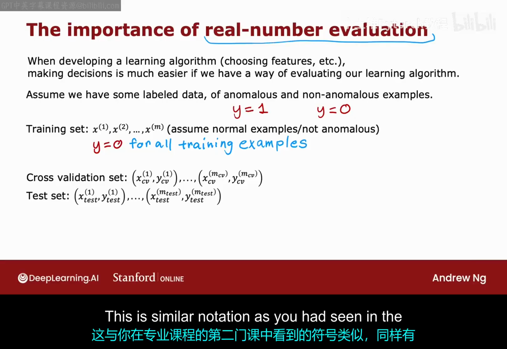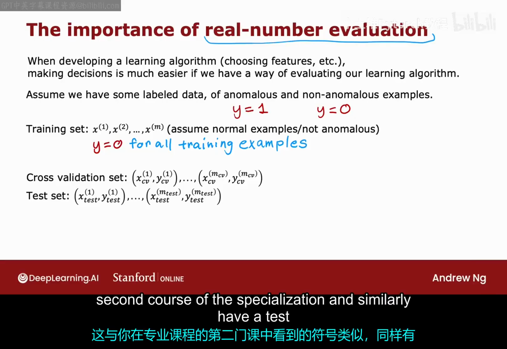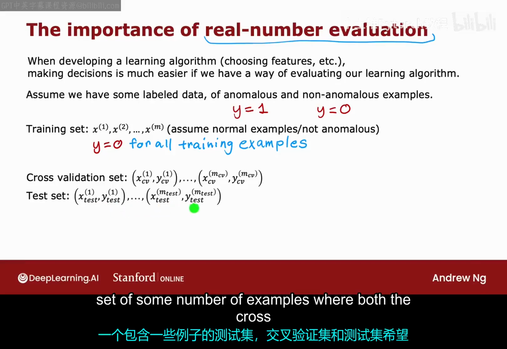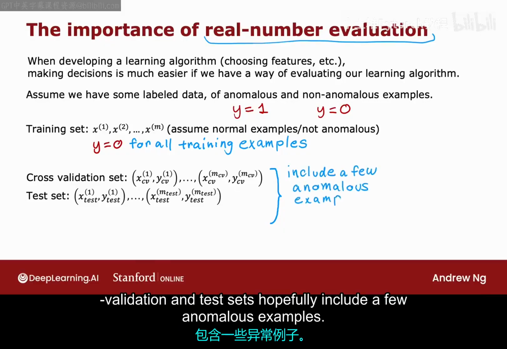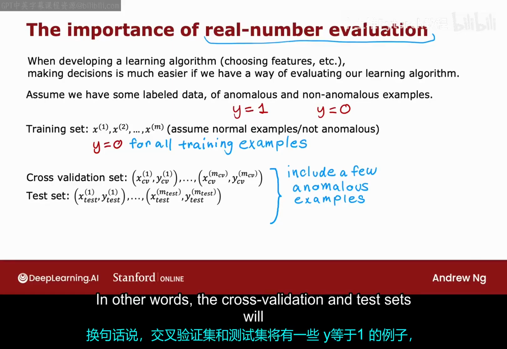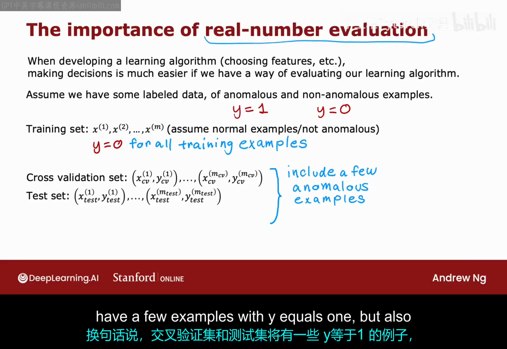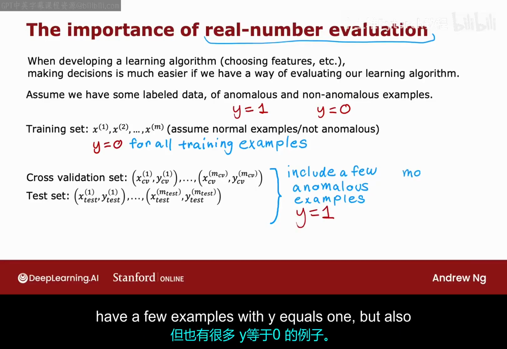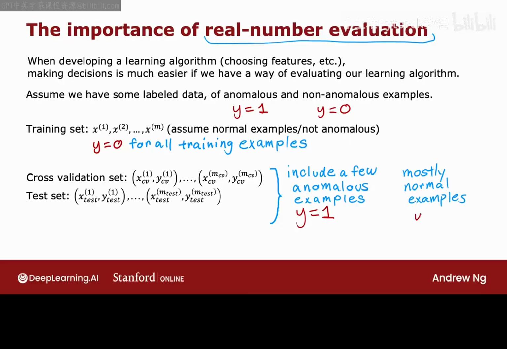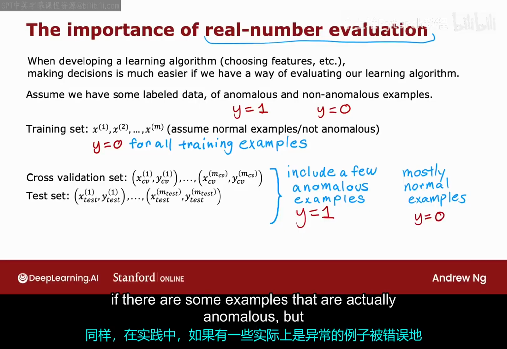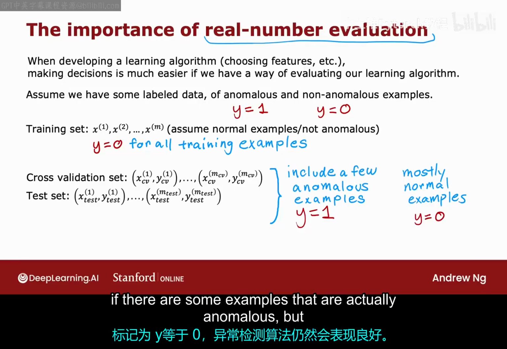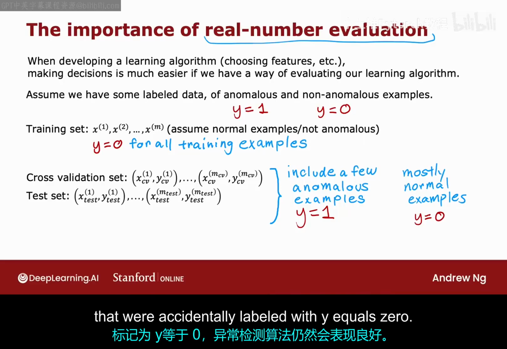This is similar notation as you had seen in the second course of the specialization, and similarly have a test set of some number of examples where both the cross-validation and the test sets hopefully include a few anomalous examples. In other words, the cross-validation and test sets will have a few examples with y equals 1, but also a lot of examples where y is equal to 0. And again, in practice, the anomaly detection algorithm will work okay if there are some examples that are actually anomalous, but that were accidentally labeled with y equals 0.